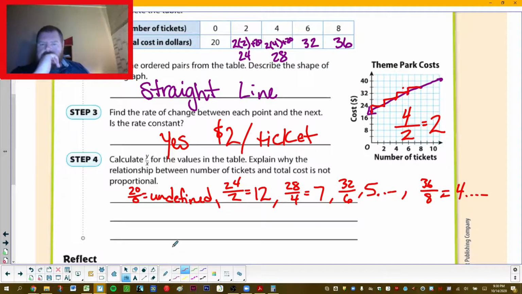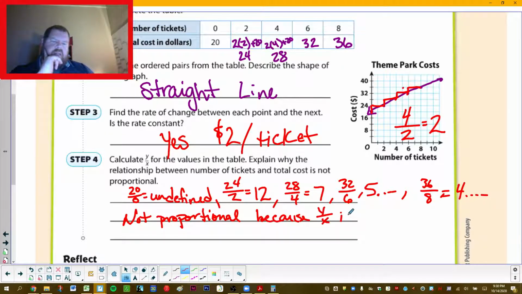Okay. So it's not proportional because the rates of change are different. Because y over x is not constant.